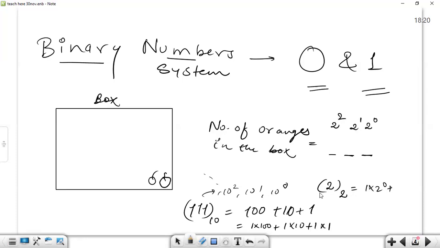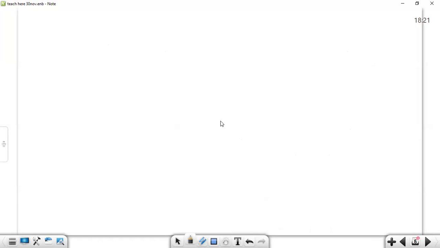So to make this particular number, we have to take 2 raised to power 0 multiplied by 0.